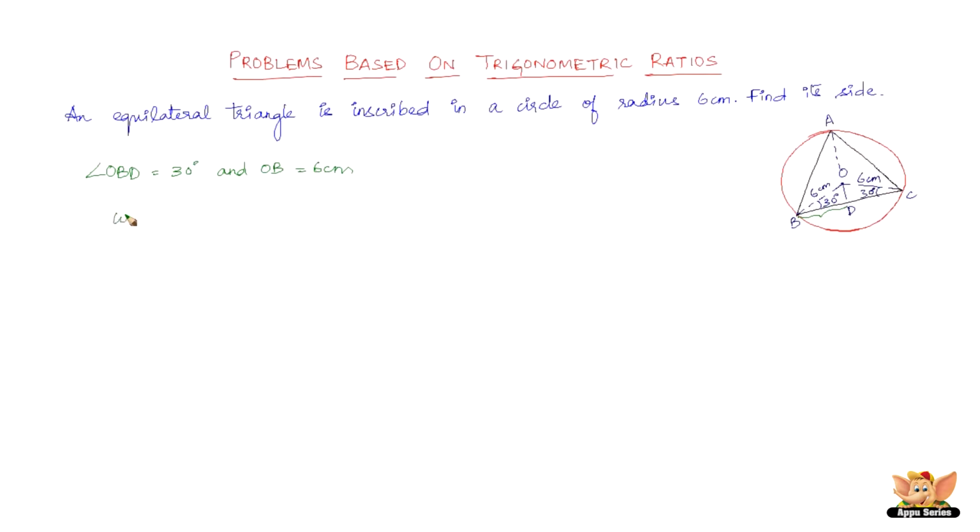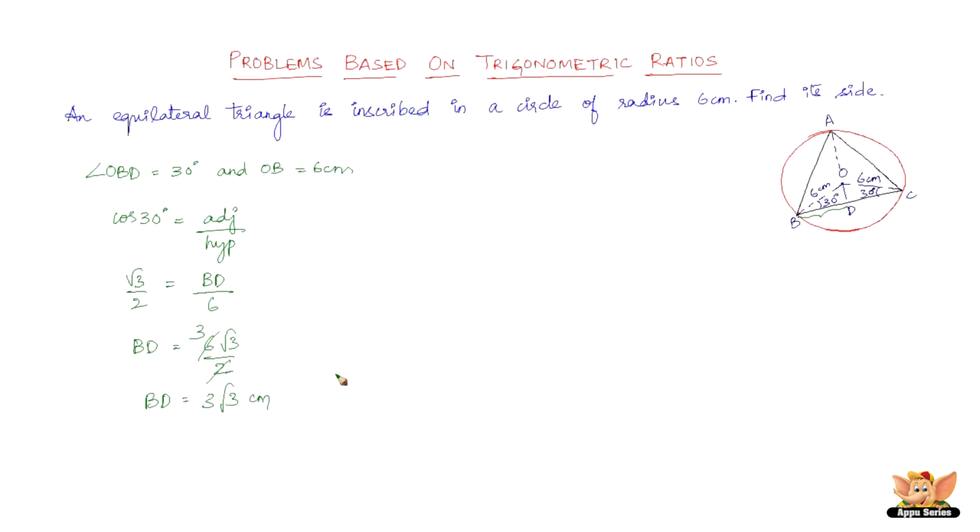So now let's use cos 30 degrees, which is equal to adjacent by hypotenuse. Now cos 30 degrees is root 3 by 2. Adjacent is what we have to find, which is BD, and hypotenuse is 6. So therefore BD equals 6 root 3 by 2, which is 3 root 3.